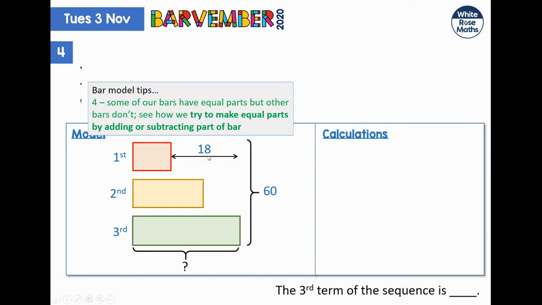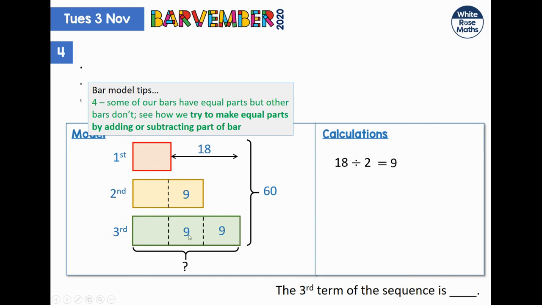And we start by thinking about this difference here, which is 18. And this was going up by the same amount each time. So this rather tells me that it went up by 9 and then another 9 to get 18, because it was going up by the same amount each time.